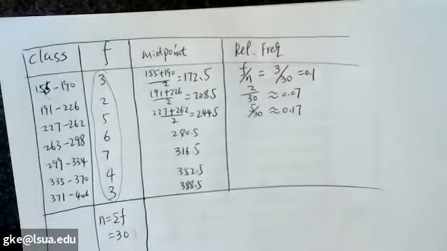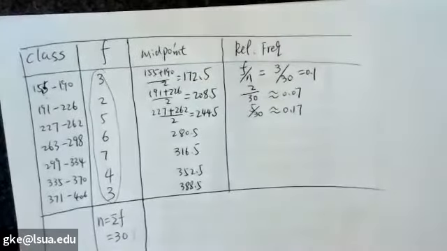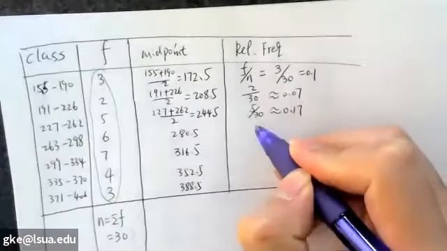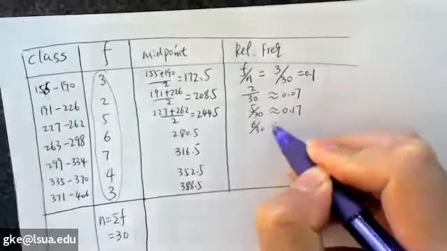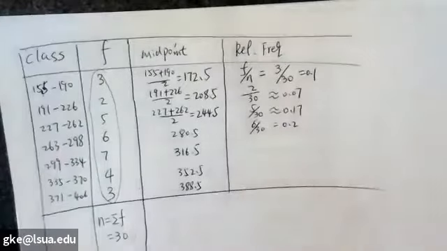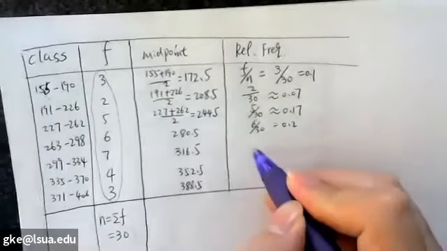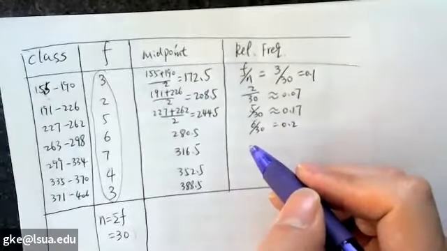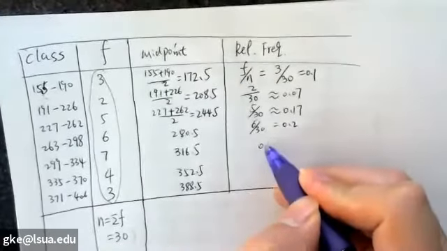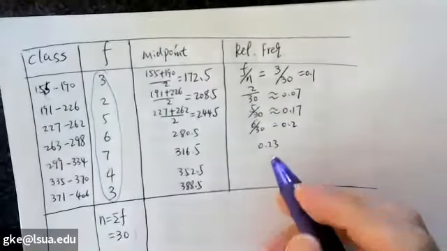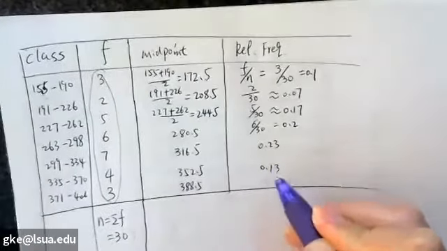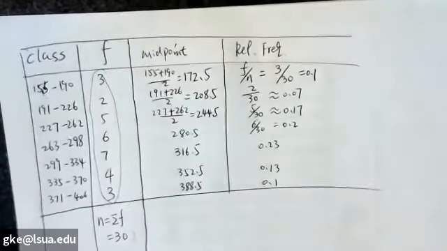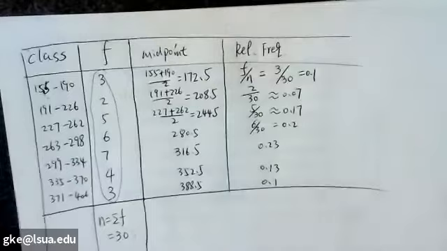Should be very quick. I bet most of you guys already did it. So for the fourth one, 6 divided by 30 should be 0.2. And the fifth one is going to be 0.23, then 0.13, 0.1. Okay, so that's the relative frequency.